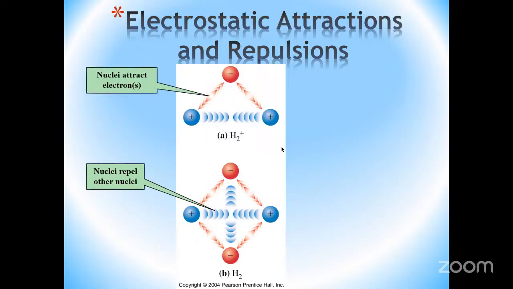What I'm showing you here is a model representing two hydrogen atoms held together by some collective forces, all right? The top one shows you what happens when you have two hydrogen atoms, which each has a proton present, and you have an electron.